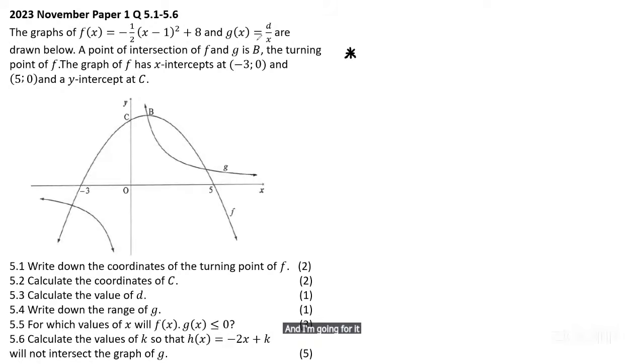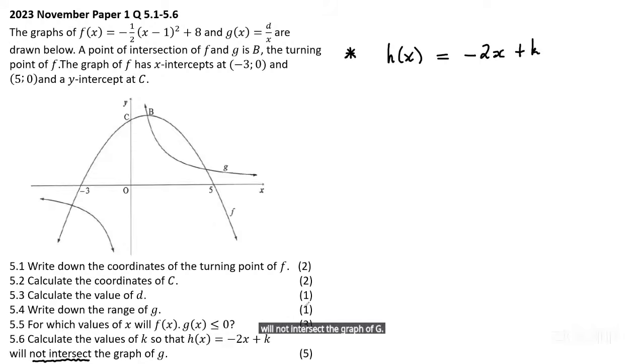5.6 says to me, calculate the values of k so that h of x, which is -2x plus k, will not intersect the graph of g.